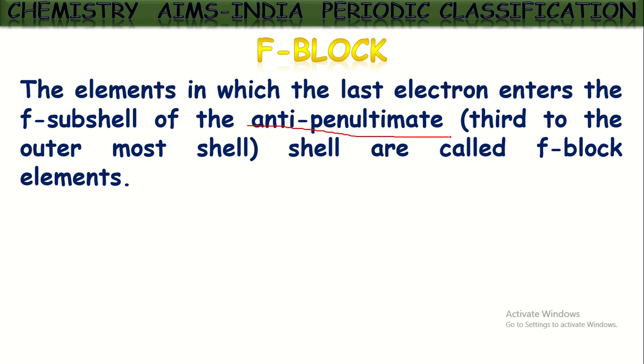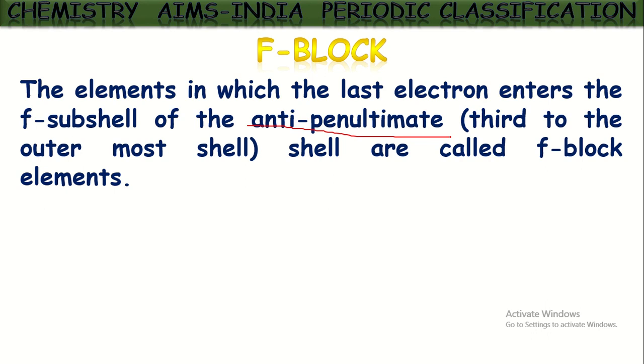For an element, the last shell from the outside is called the outermost shell or last shell. The next one, the last but one shell, is called the penultimate shell. And the next to that, the last but two shell, is called the anti-penultimate shell.